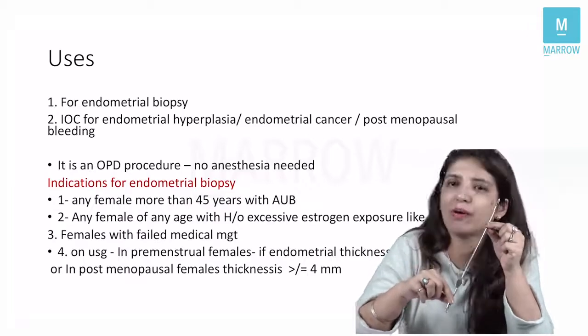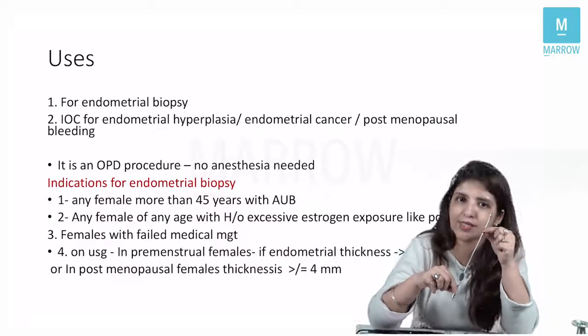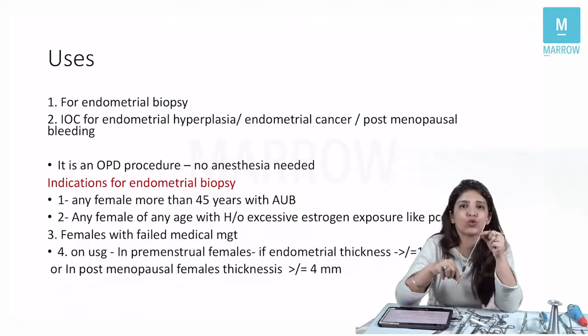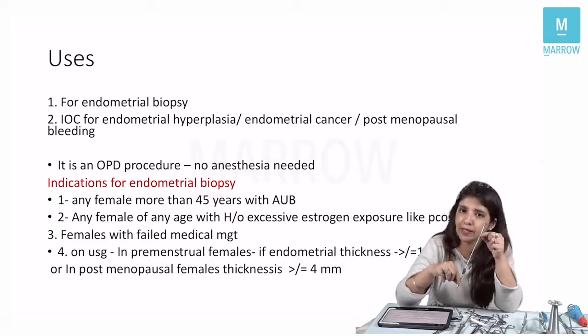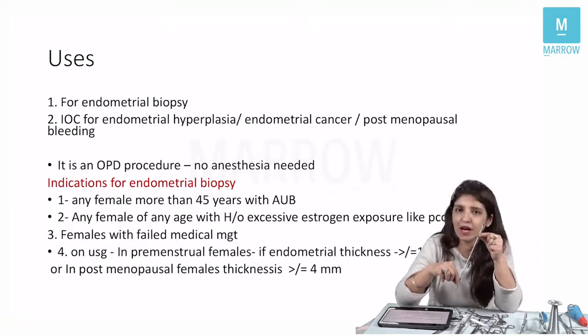Now, endometrial biopsy is the investigation of choice in case of endometrial hyperplasia. It is the investigation of choice in case of endometrial cancer, and in postmenopausal bleeding. The next question which the examiner might ask is: what are the indications for doing endometrial biopsy?